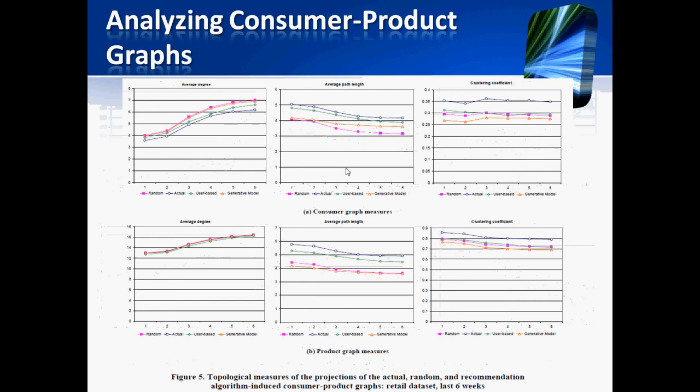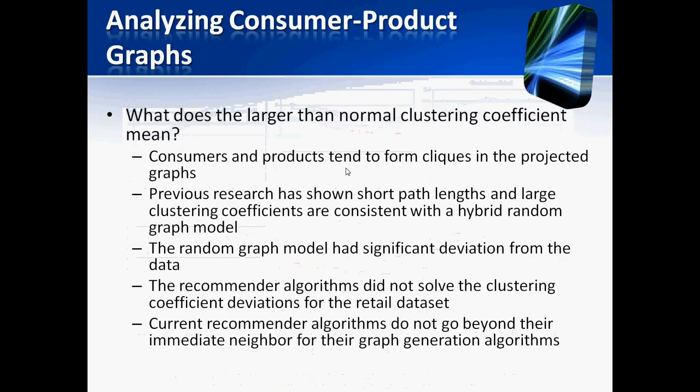If we go to the retail data set, the degrees are pretty close. It looks like the user-based model is a little closer on the average path length than on the degree, and maybe even on the clustering coefficient. Falls a little bit more short on the clustering coefficient, which is what they focus on. What does that mean?